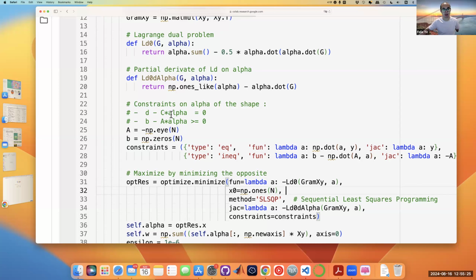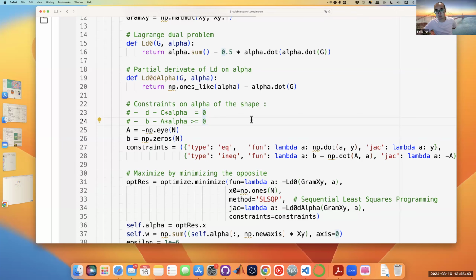The first constraint is specified as an equality constraint, and the second is an inequality constraint. So you have equality constraints and inequality constraints.